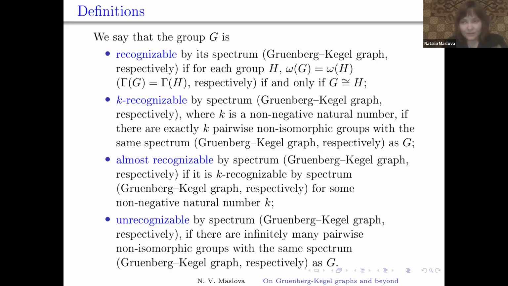For example, there are infinitely many pairwise non-isomorphic groups whose spectra coincide with the spectrum of our group, or infinitely many pairwise non-isomorphic finite groups whose Gruenberg-Kegel graphs coincide with the Gruenberg-Kegel graph of our group.